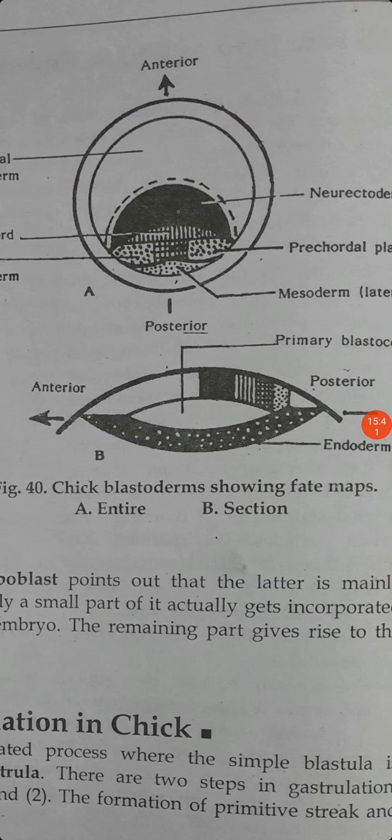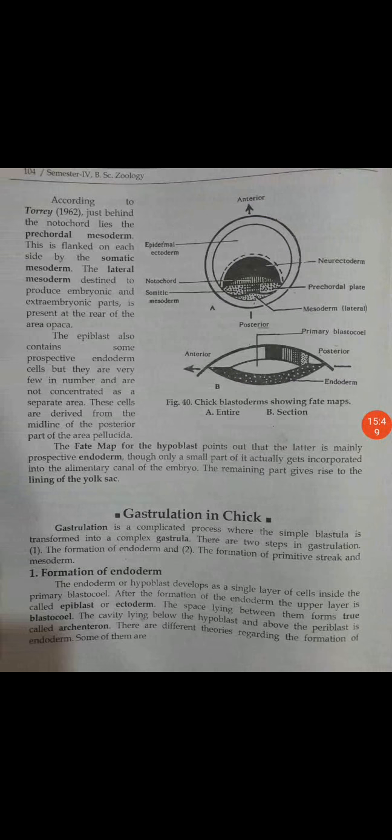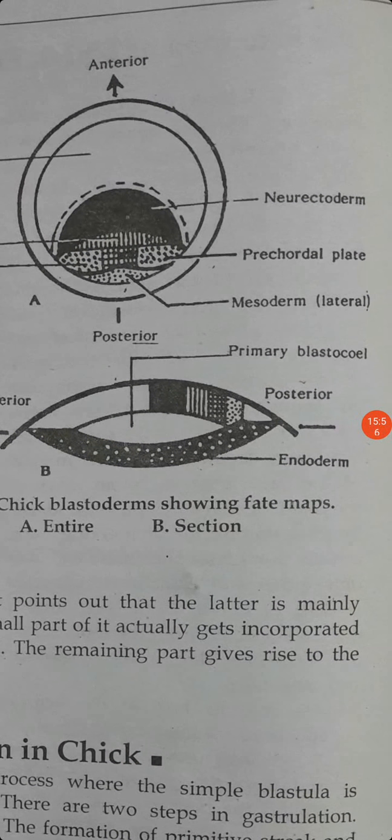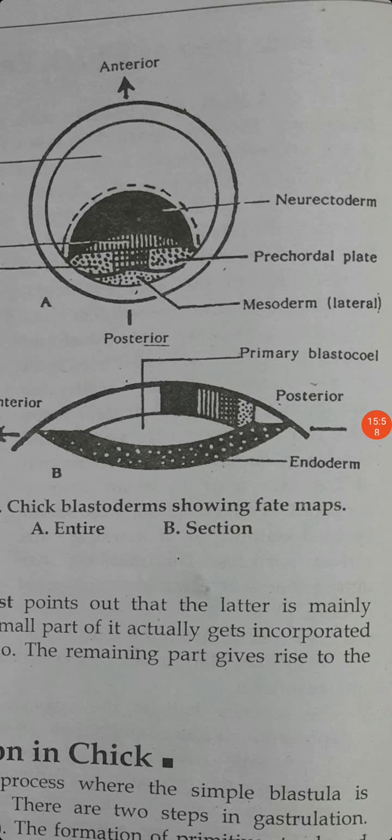If you see the lateral section, A1 is the entire structure just observed, and when you cut, you will get this structure. This is the chick blastoderm showing the fate maps, which organ develops in which area.